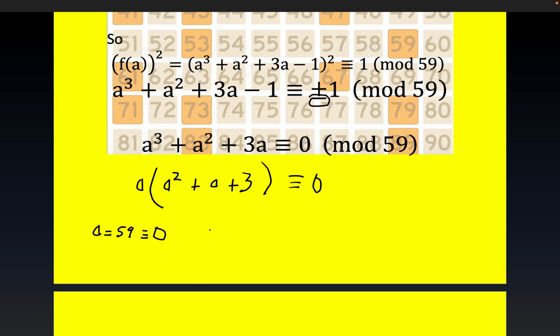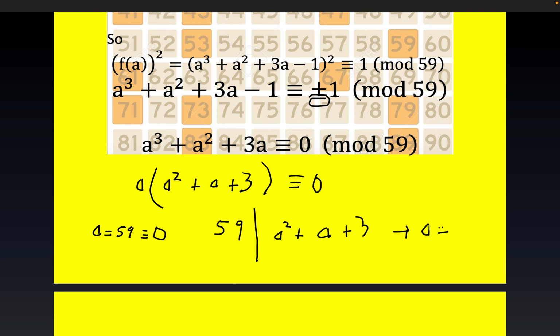Or it would mean that 59, and this is the one that's going to lead to a solution, 59 would divide a squared plus a plus 3. Now, 59 being a multiple of itself implies, and this is just checking, that a is equal to 7.